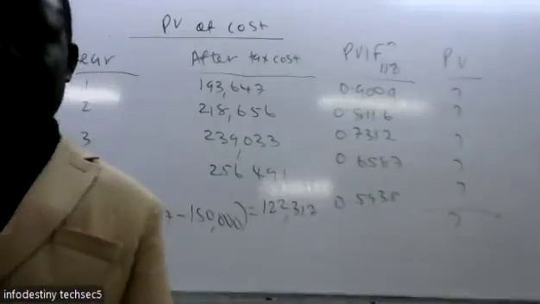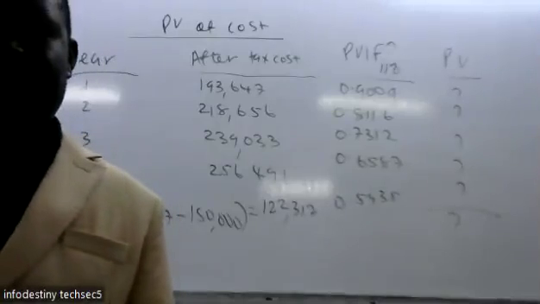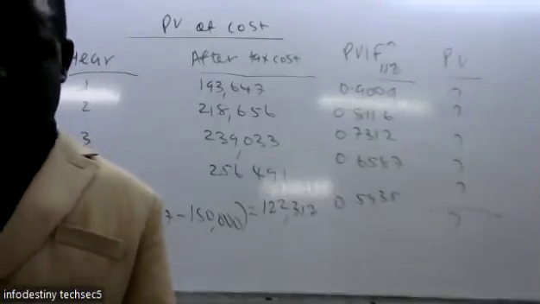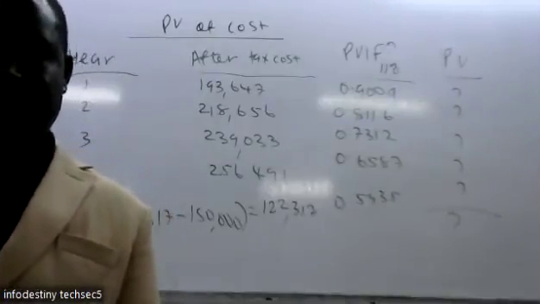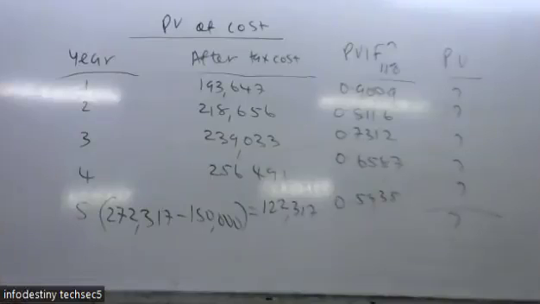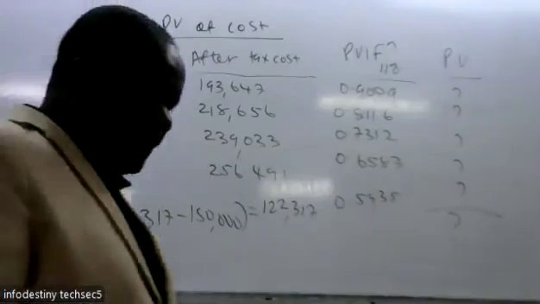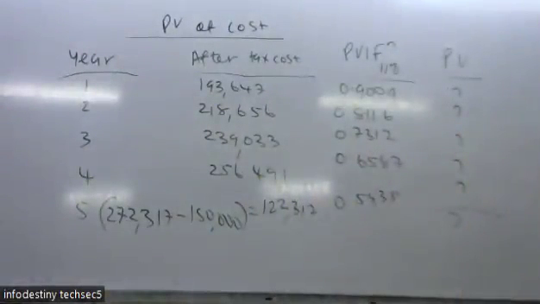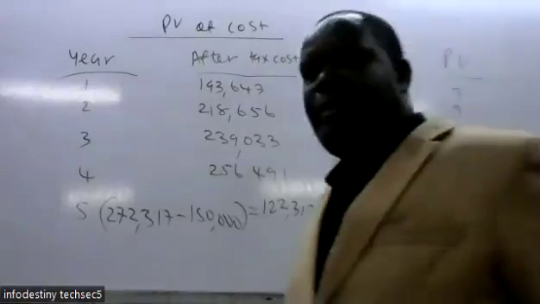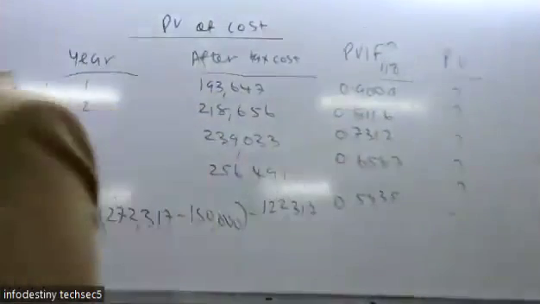So when we compare the two, which one has the lowest net present value payment? So this time we pick the lowest. For NPV, you are selecting the highest. So which option has the lowest present value payment?